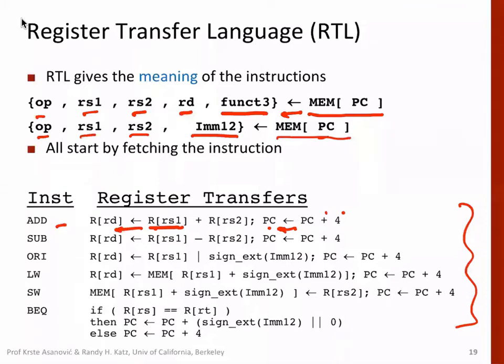For example, load word. Load word is what we are bringing from a memory location whose address is given by register RS1. Look at the contents of RS1, to which we add the immediate value after sign extension.